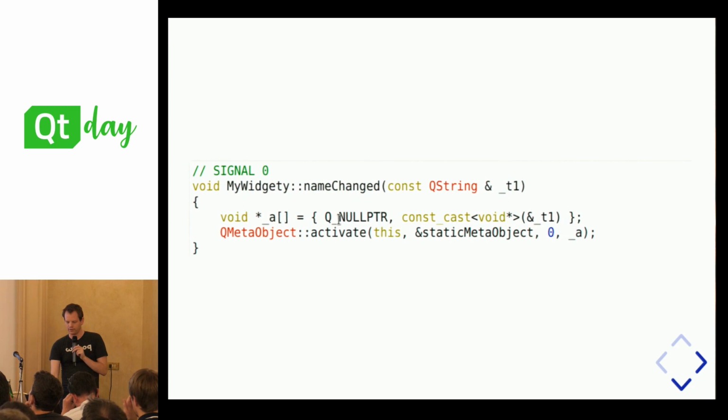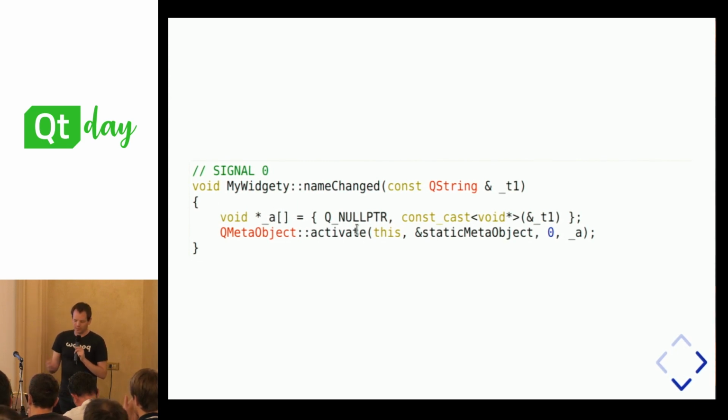And here, the value 0 of this array would be a pointer to the return value. In this case, since there is no return value, it's a null pointer. If there was a return value, we would instantiate the return value here, and we would pass a pointer to this return value there, which we would then return.